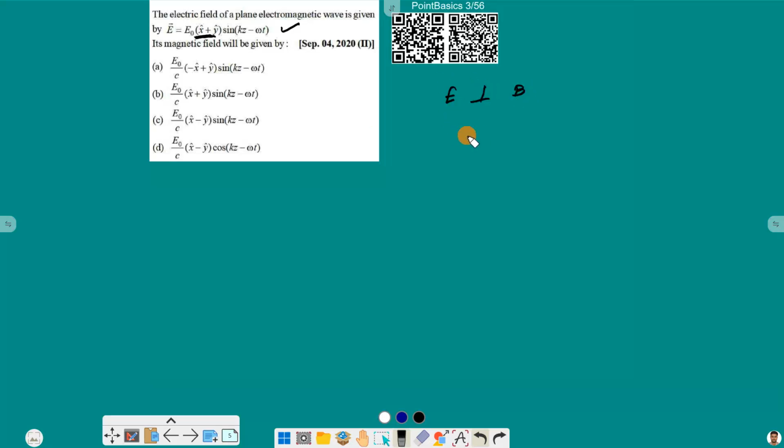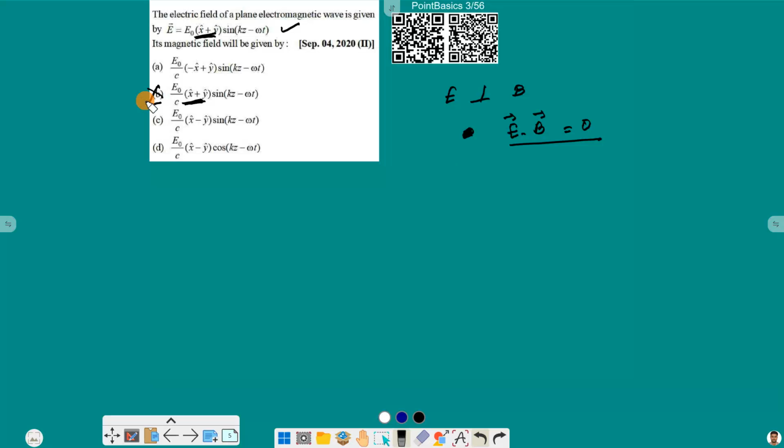So, or in short, their dot product, we can say E dot B should be 0. So let us see the options here. Here, this is the direction of electric field, and if we see option B, direction of magnetic field, assuming this is the expression for magnetic field, direction of magnetic field is same as for the electric field.